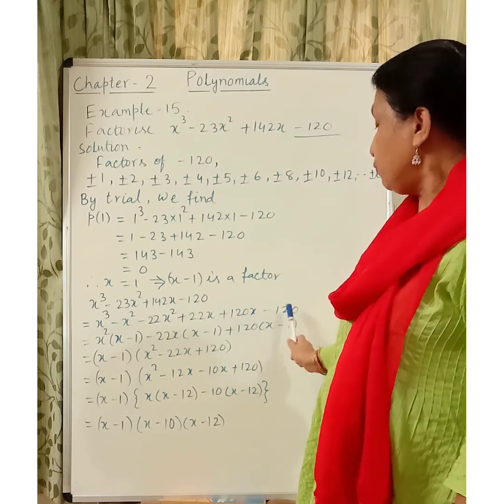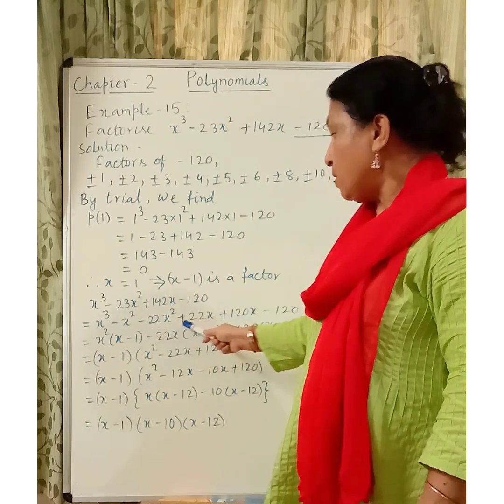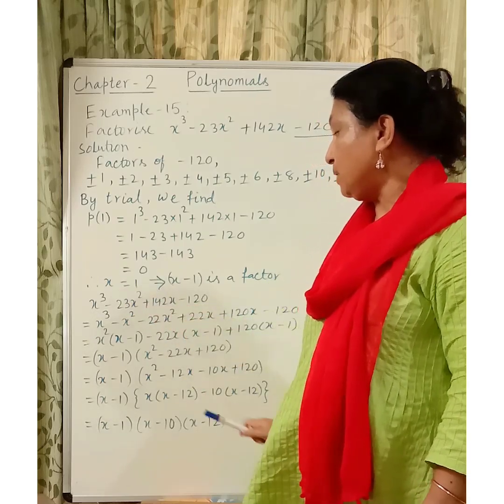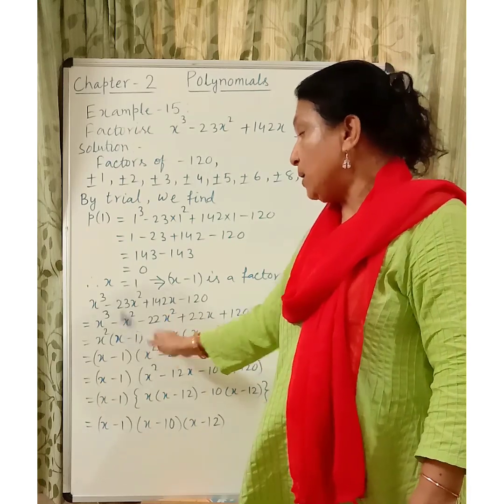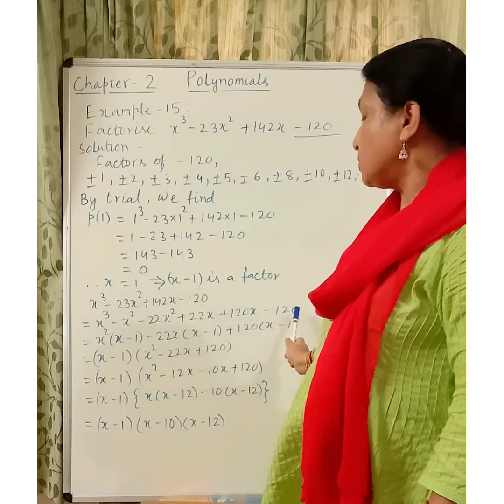You can see the last value minus 120 is there. So we have split the terms like minus 23x square and plus 142x in such a way that we get x minus 1 as a factor for each pair of terms.